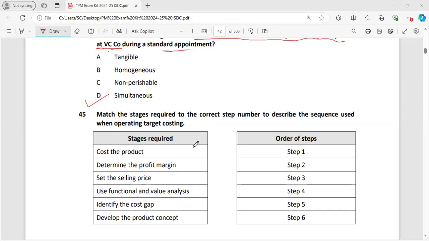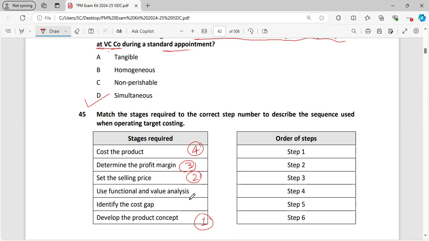Step number one is we are developing the concept of the product. Step number two is what? We are setting the competitive or market selling price. Step three is what? We are determining the profit margin. Step four is what? We are determining the cost, estimated cost of the product.